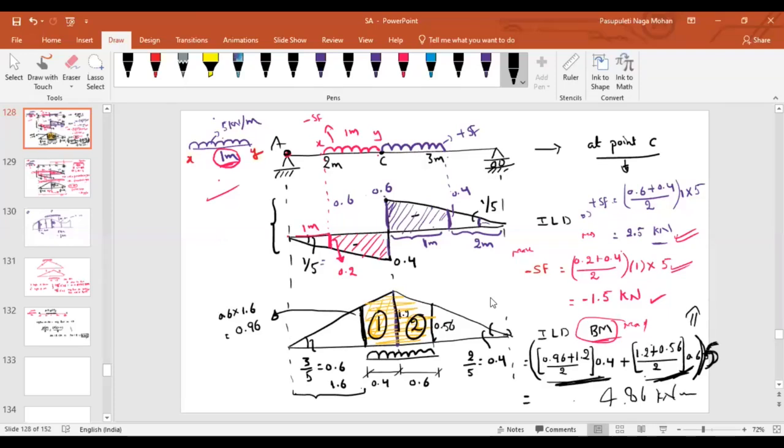So for the UDL case, it's clear, isn't it? No ambiguity for UDL. Only one case you have to learn by heart: average load on AC must be equal to average load on BC.